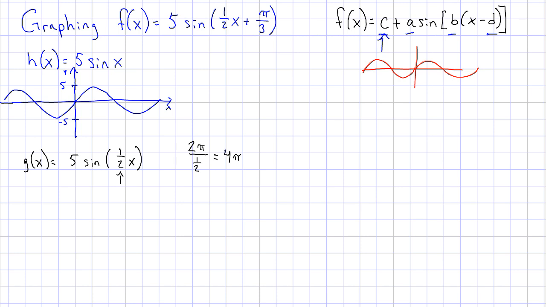What that means is that it takes this graph twice as long to go through its cycle. The period is twice as long, so it's half as fast, is one way to think of it. There are a couple of ways of thinking about that. Let's go ahead and graph that.